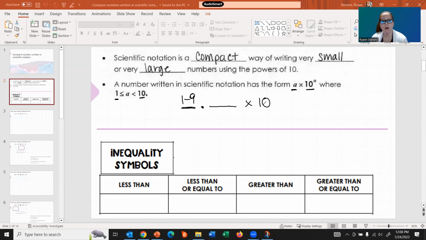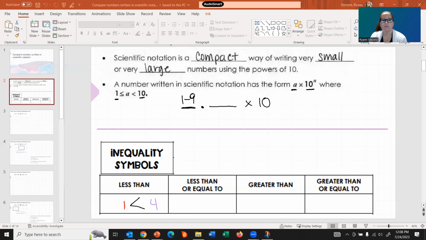Okay. Now, with this exercise, you're going to be dealing with inequality symbols as well. So inequality symbols are going to be used to represent which number might be greater than, or which number might be less than, or maybe it's equal to. And so in this case, when we have this less than sign, it's going to look like this, where you have some number, let's say we have the number 1, and then on the other side, we have the number 4.